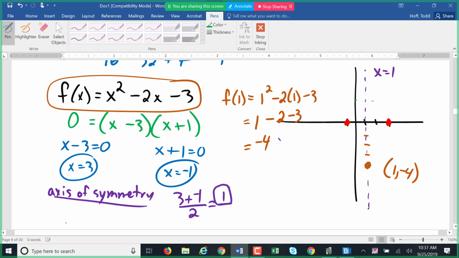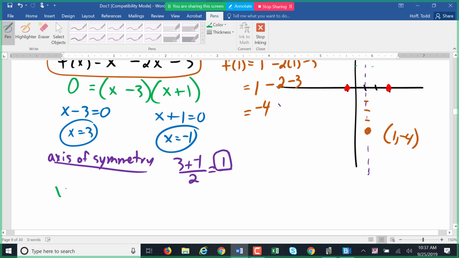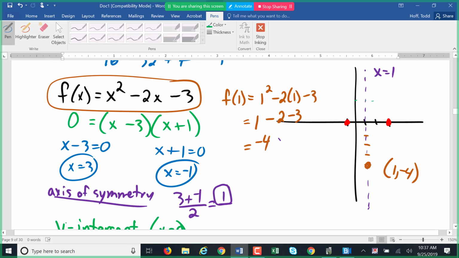So the symmetry means for any point we get a second point. Well, we can find the y-intercept. Remember, the y-intercept is where x equals 0. In an equation of this form, that's really easy to find. If I put 0 in for x, that's f of 0. That's 0 squared minus 2 times 0 minus 3. It just gives us negative 3. y equals negative 3.